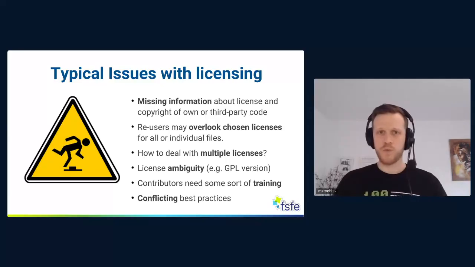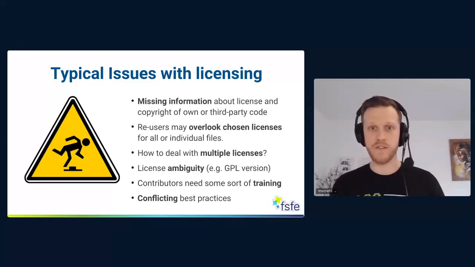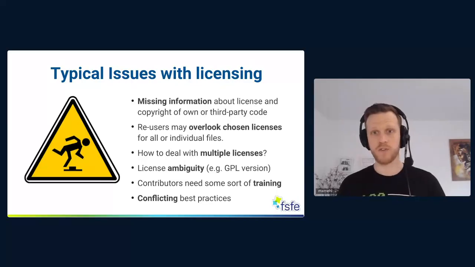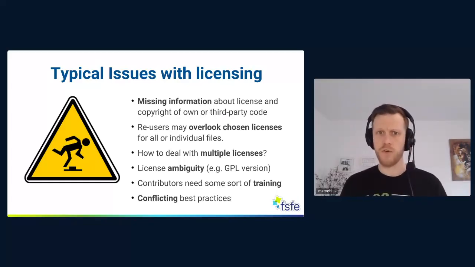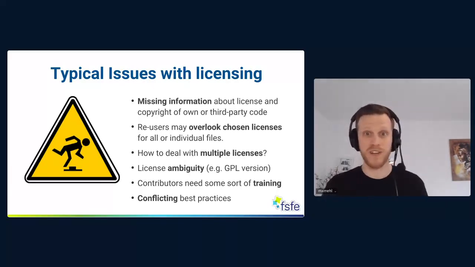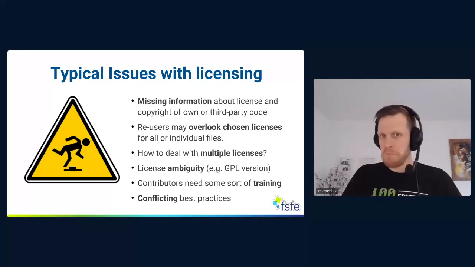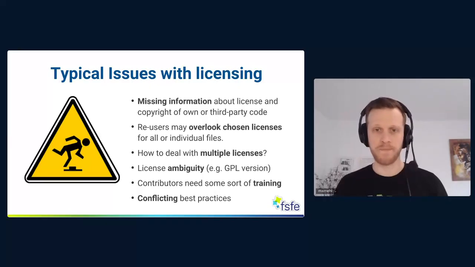Then if you reuse code, share code with others, those reusers may overlook your chosen licenses, either for all files, because they do not have any clue about your licensing choice, or for individual files. It could be that you have, for instance, images or blob files or configuration files or something else that is under a different license than your main chosen license, if there's any.